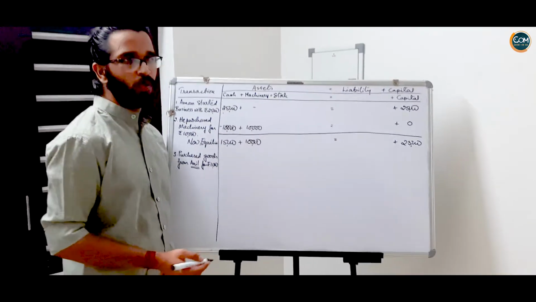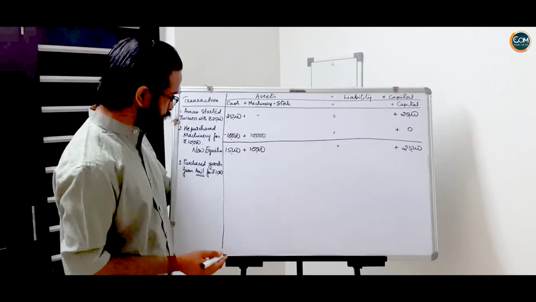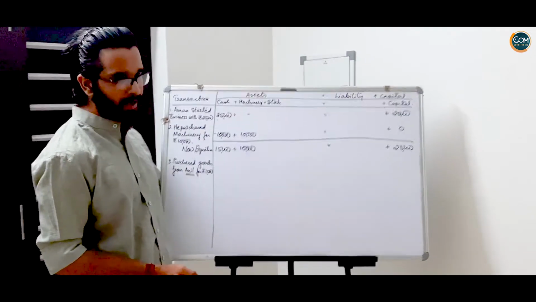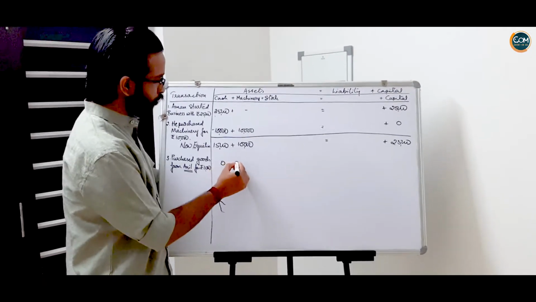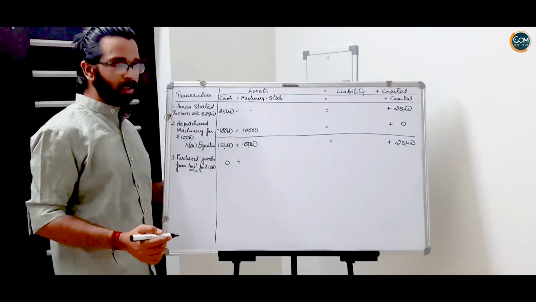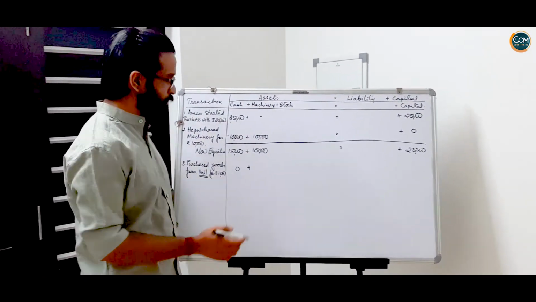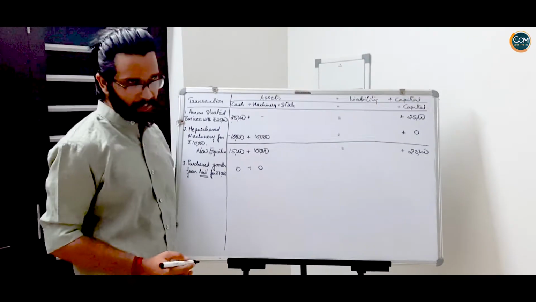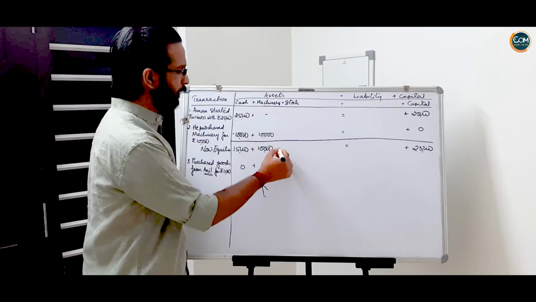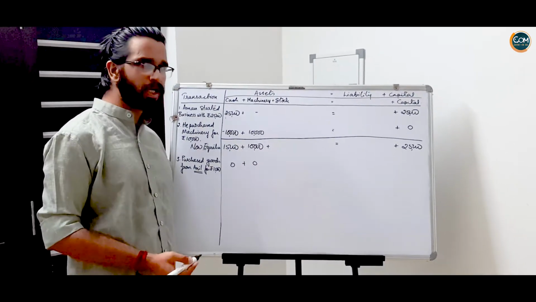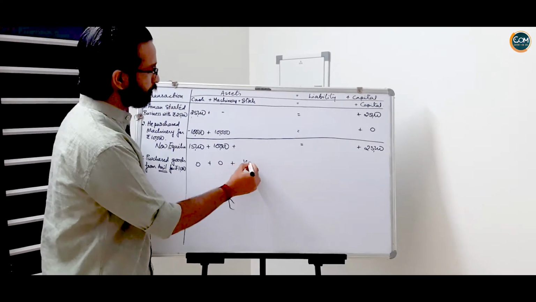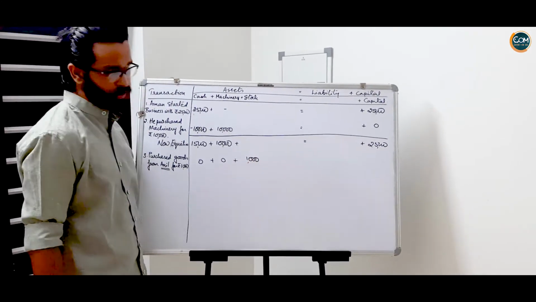So, since he is not paying cash on the first date itself, there is no change in the cash, and the machinery is also kept idle. There will be no change in the value of the machinery. The next thing is an increase in the stock of ₹1,000.